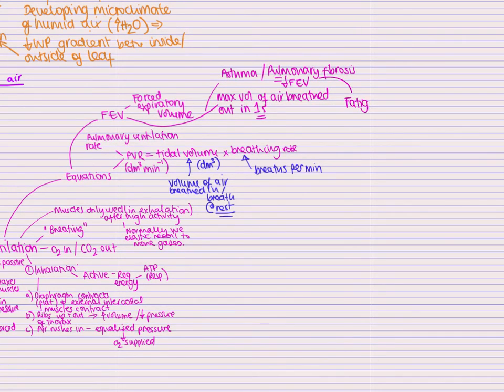Fatigue comes because oxygen cannot be carried as efficiently, because it's not transported in as well. We've just got a lack of oxygen, and if we haven't got enough oxygen, then we've got reduced contraction of muscles. They're not going to be able to contract as well, so reduced contractions, and we've got reduced ATP formation.